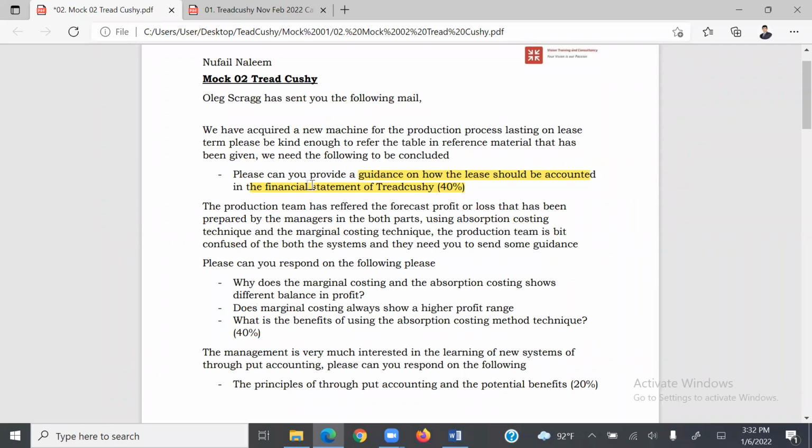If you see lease, can someone tell me what is the accounting standard for lease? Any guesses at least? It's actually IFRS 16.